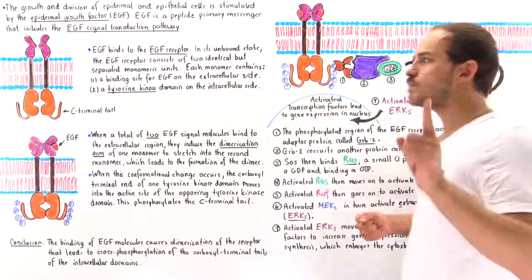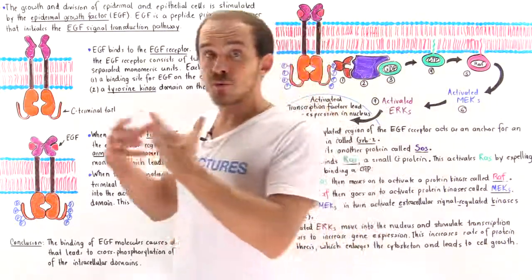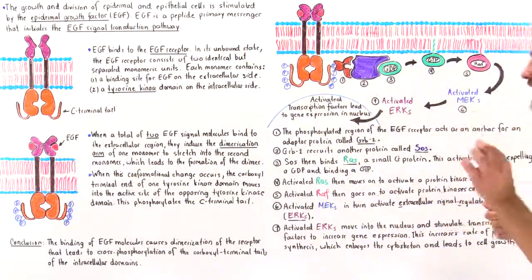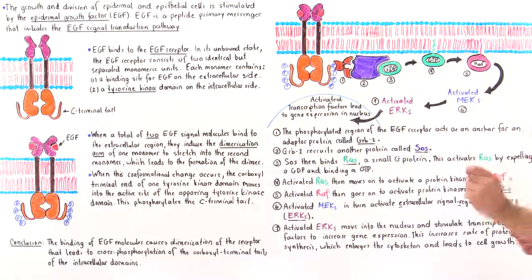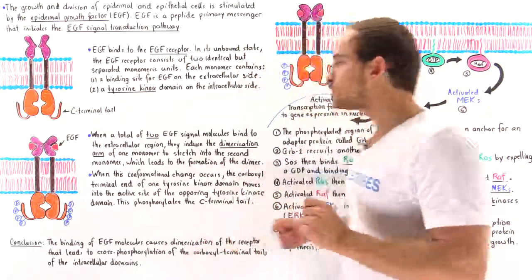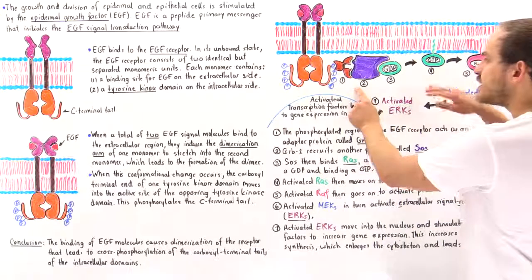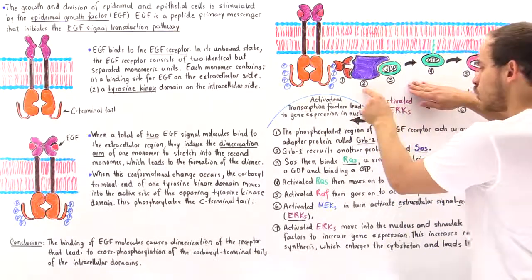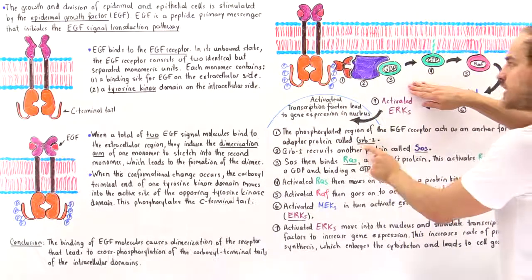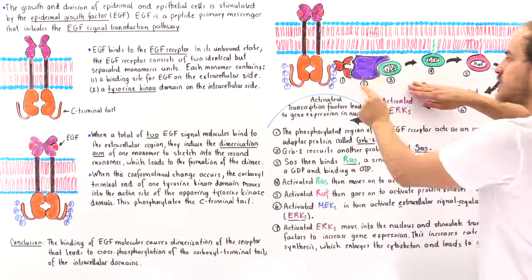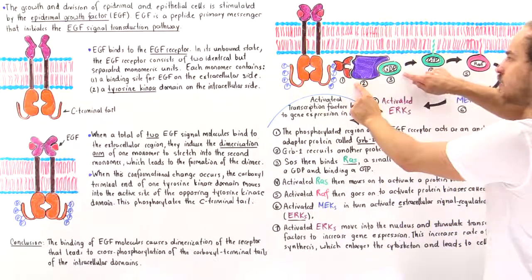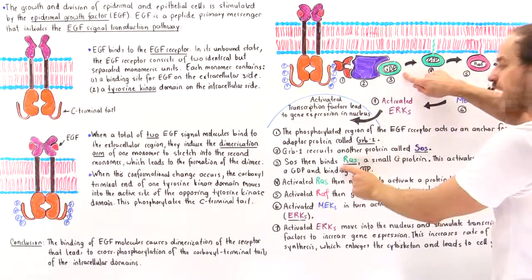And just like the G proteins we spoke of in the previous lectures, this small G protein in its inactive state binds GDP, and in its active state it binds GTP. And so what happens is once the SOS binds onto the GRB2, that activates the SOS, shown in purple, and allows it to bind this RAS.